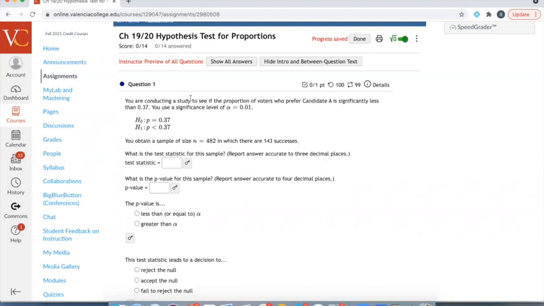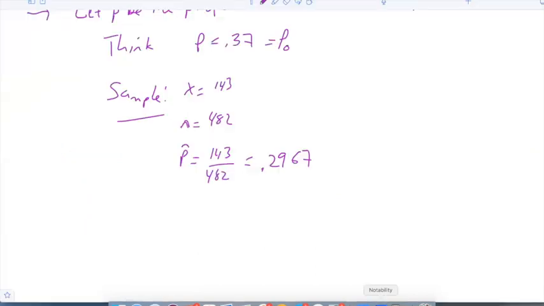Okay, now we read the question. We want to see, right here, I'm looking at this part, if the proportion P is less than 37%. So we're going to write our two hypotheses. So this is what we are testing against. This is what we believed before we did the sample. That's that P naught right there.